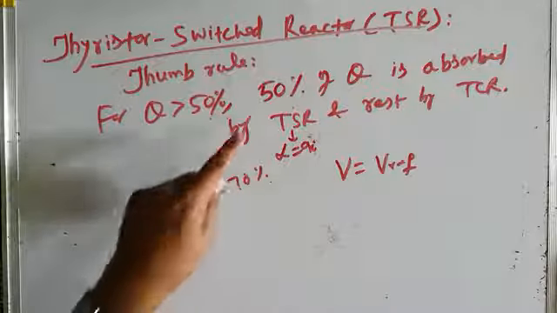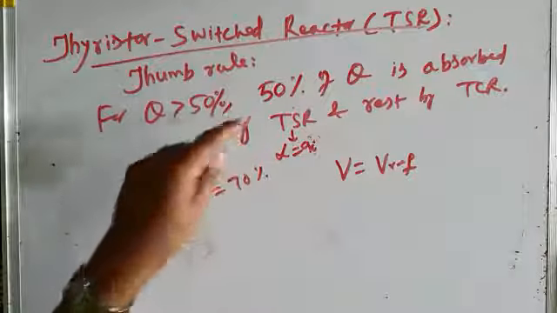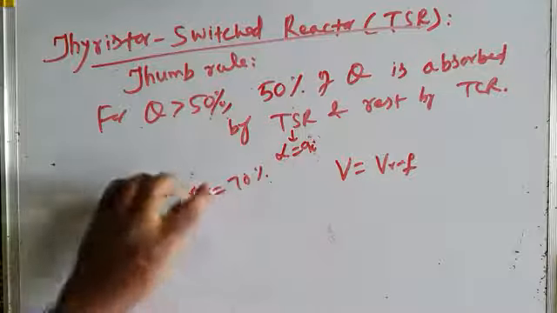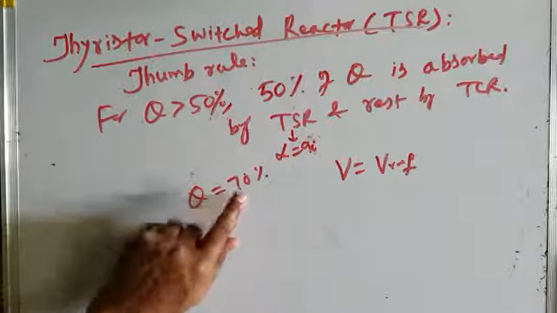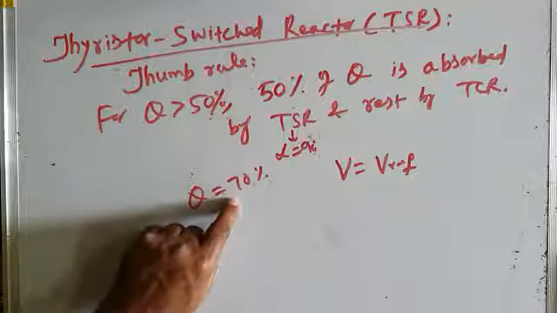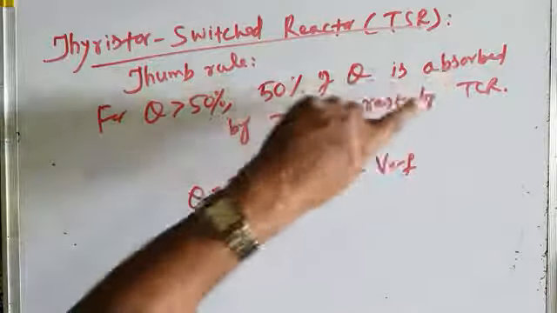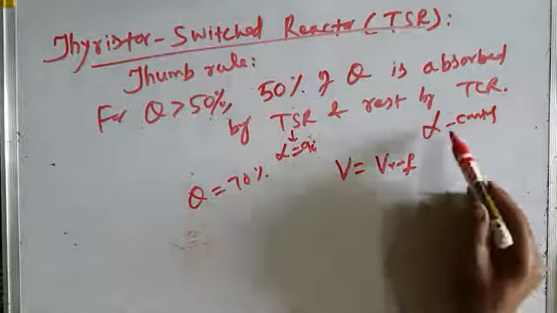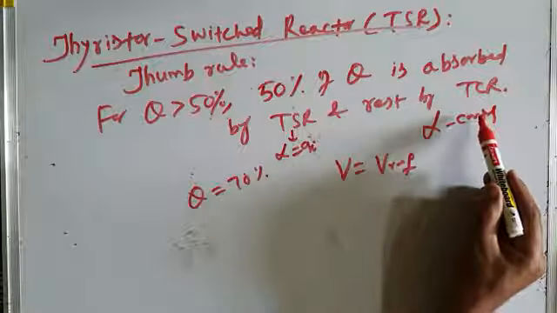At that particular current, it is absorbing 50% of reactive power for which it is designed, and remaining reactive power, 20% in this case, is then absorbed by TCR by delay angle control. You have to adjust the delay angle of TCR in such a way that remaining 20% is absorbed by this.